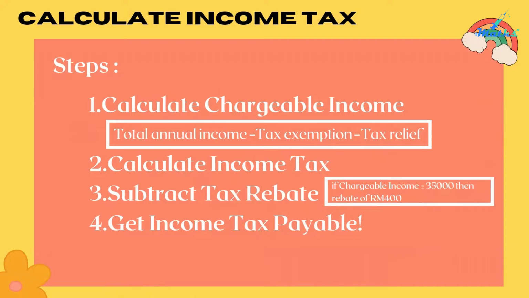The next step is to calculate the income tax. And lastly, we need to minus the tax rebate. If the chargeable income is less than or equal to 35,000, then we will have a tax rebate of 400 ringgit. After this, we will get our income tax payable.